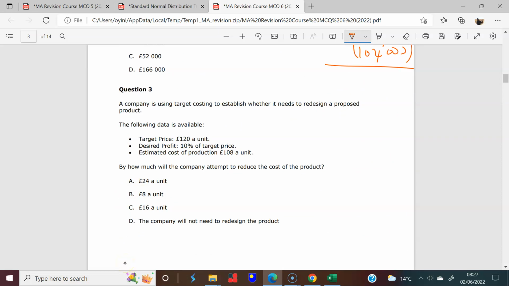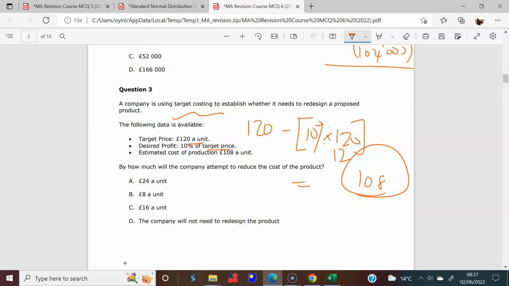So here we have some target costing. The question says this is your target price, and your desired profit is 10% of the target price. So 10% of 120, that's 12, of course. So your 120 minus 12 takes us down to 108.